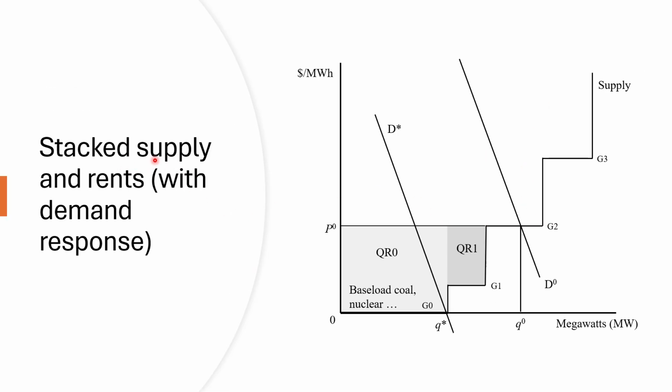Now, the stack supply and rents, when you have some demand response that causes that demand function, instead of being vertical, to have some slope to it. In this case, the baseload demand would look like this, and it would intersect here, so the price would be zero.